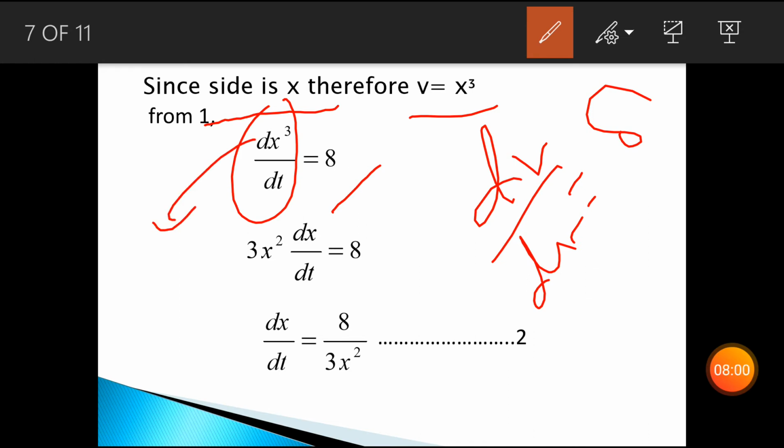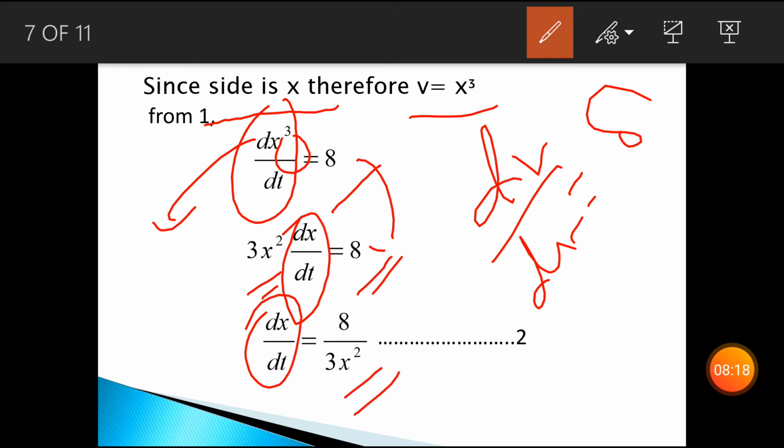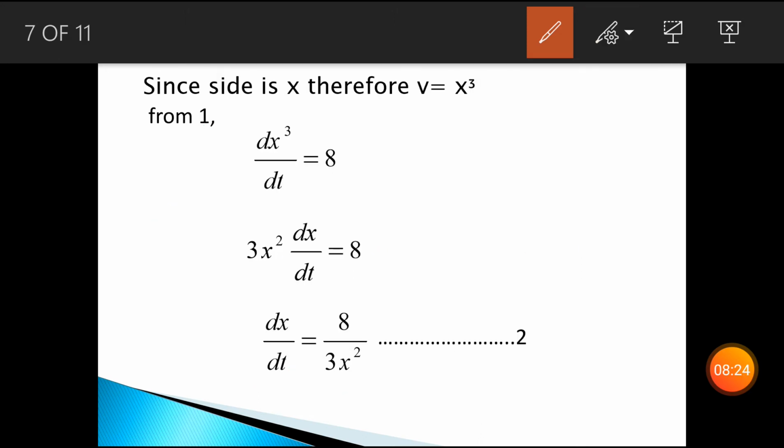So x cube gives 3x square, and as you are differentiating with respect to t and the variable here is x, according to the chain rule we are going to write dx upon dt, and this is equal to 8. Okay, so now dx upon dt is equal to 8 upon 3x square. That is our second equation. Is it clear? Very easy, very simple steps.